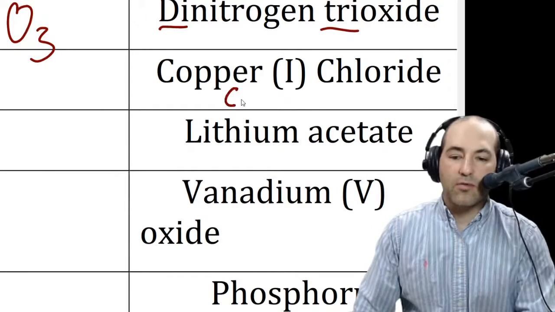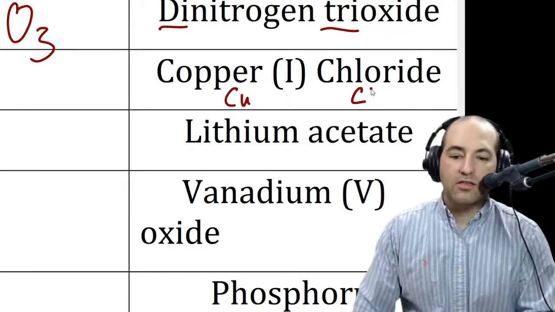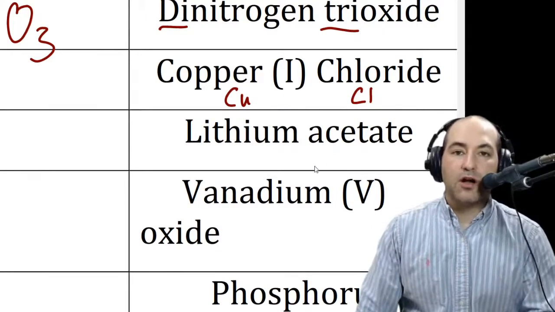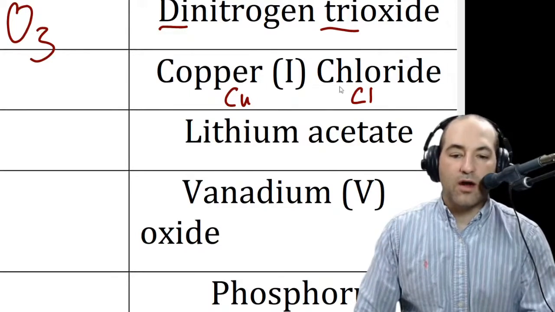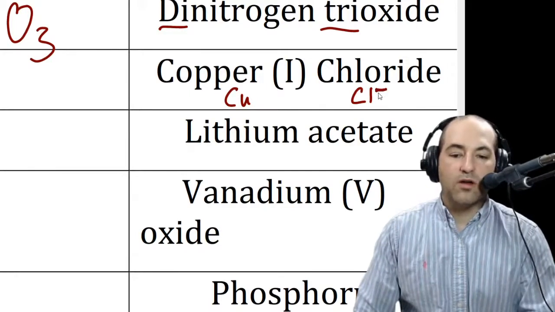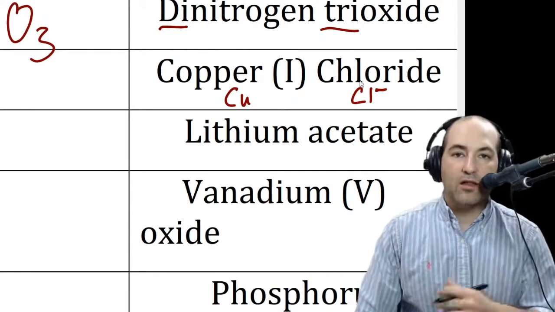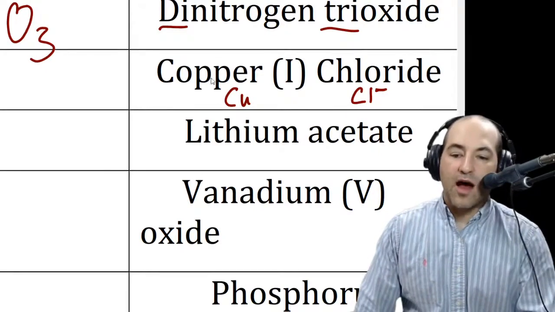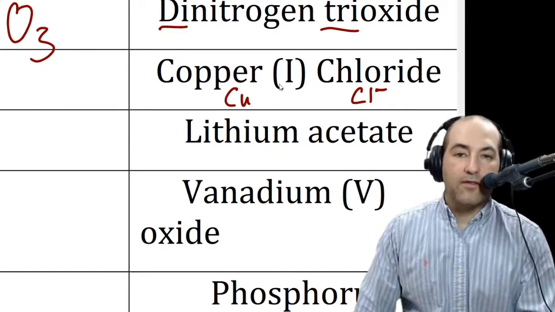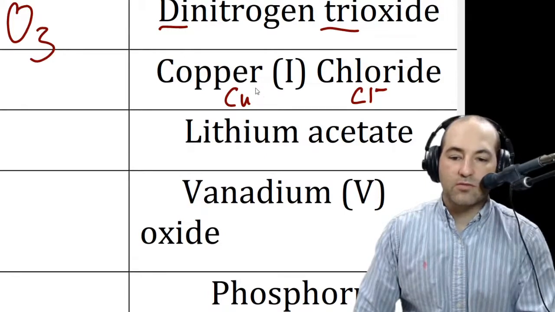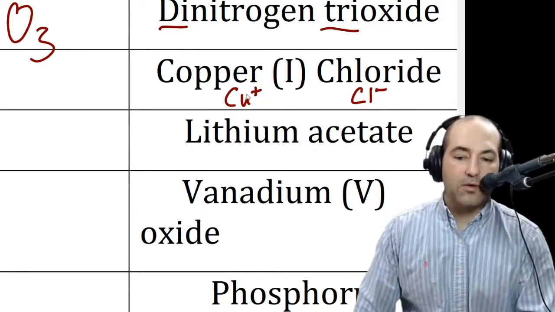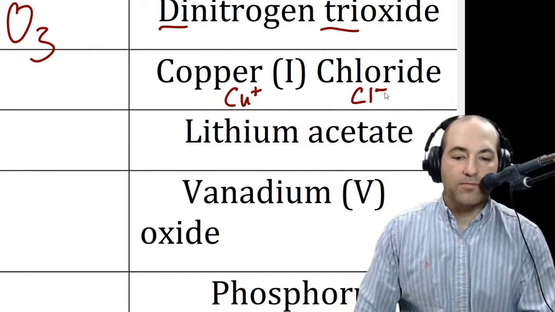We can look up that copper is Cu and chloride is Cl. Then what are the charges of those ions? Chloride we get from the periodic table is -1, because all of the ions in that column are always -1. And copper, the charge is given directly by the number in parentheses. So that's +1. So we've got copper +1 and chloride -1.